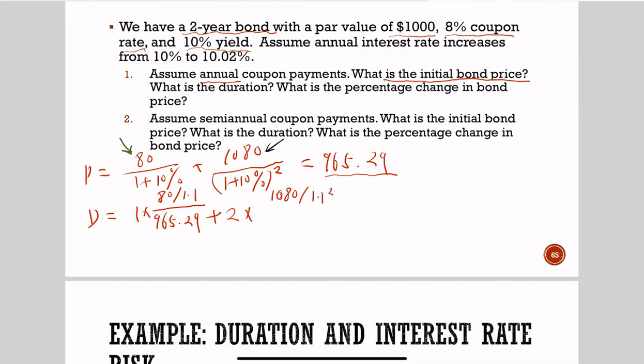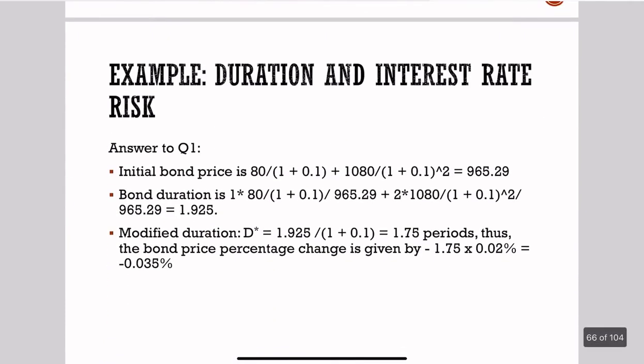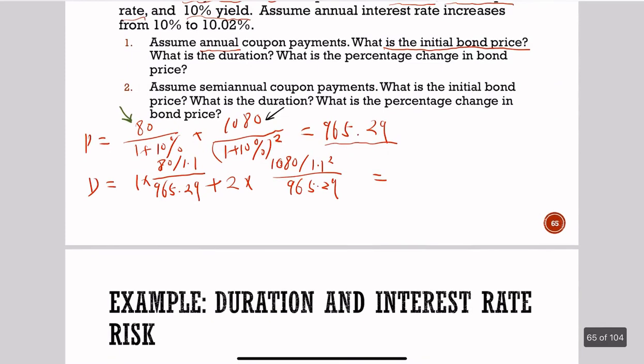This is the present value of the second cash flow, divided by 965.29. Very simple. And now this gives you 1.925. Again, let me explain this calculation for the second time, right? So here you have time to maturity for each.